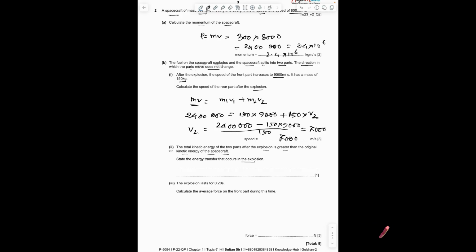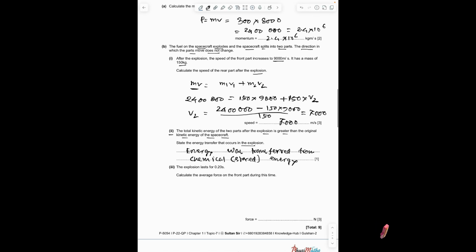So energy was transferred from chemical stored energy. Stored energy. Okay. See, the explosion lasts for 0.20 seconds.